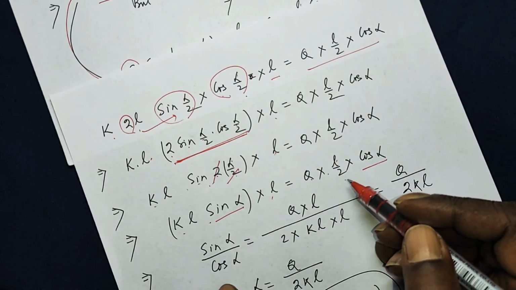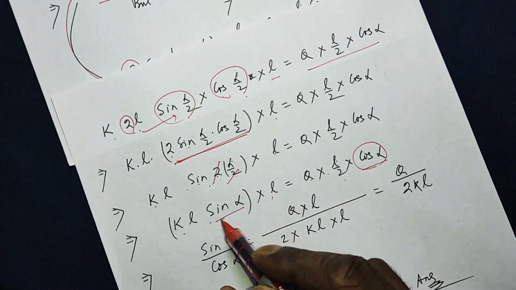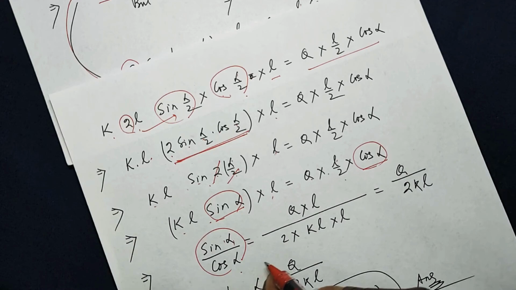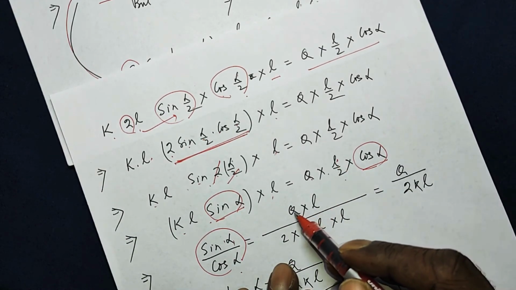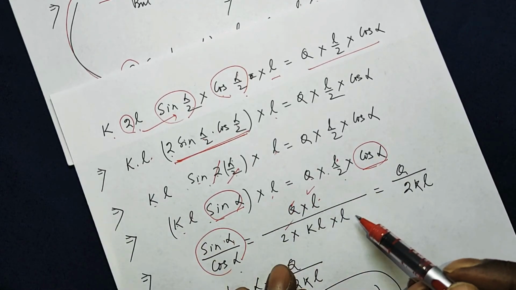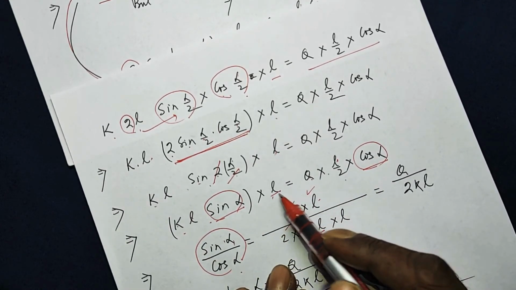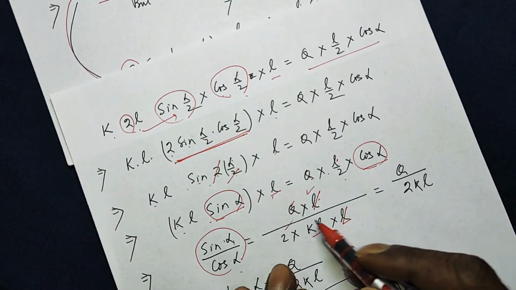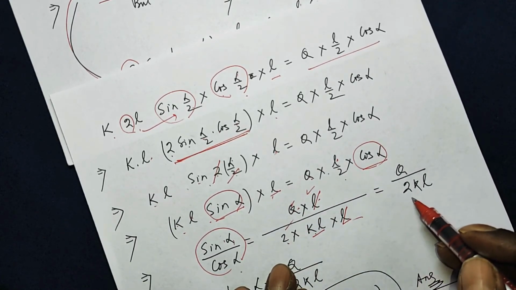Now bring cos alpha here, it becomes sine alpha over cos alpha, tan alpha, QL over 2. Bring this K here and this L here. So now L L cancels. So Q over 2KL.